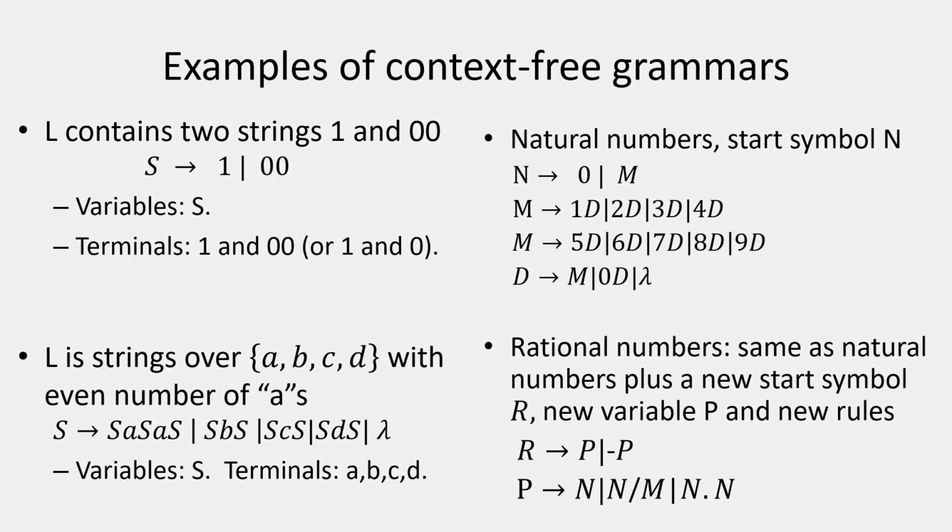And again, this lambda in the last place is what lets you eventually stop and produce a string. Otherwise, you would be applying those rules forever unless your first rule gave you 0.